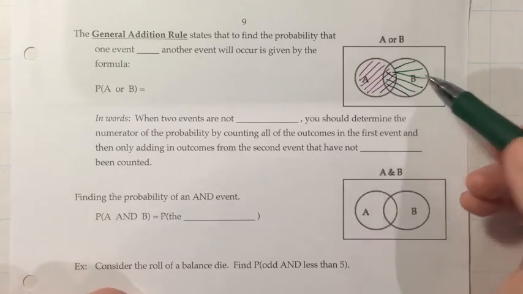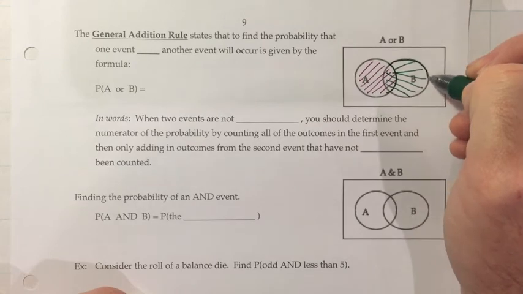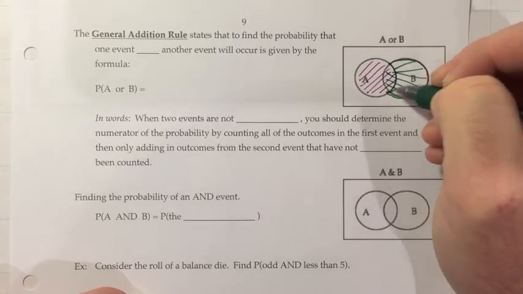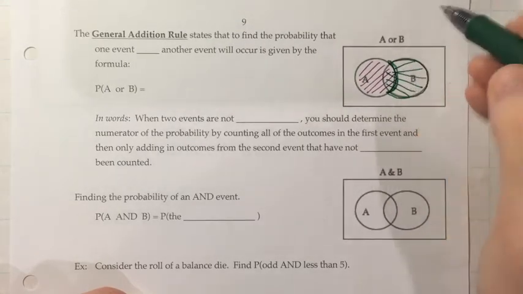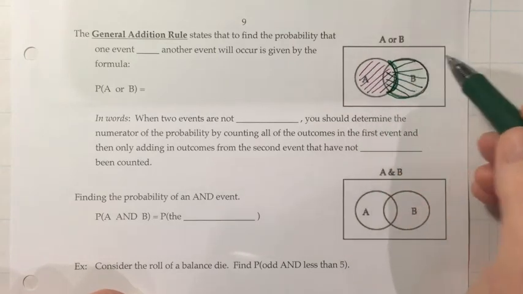So we want to be careful that when we do the counting on the green, we just take this little wedge out right here and we say, count all the stuff in A, yes, but when you count B, just count the new stuff.